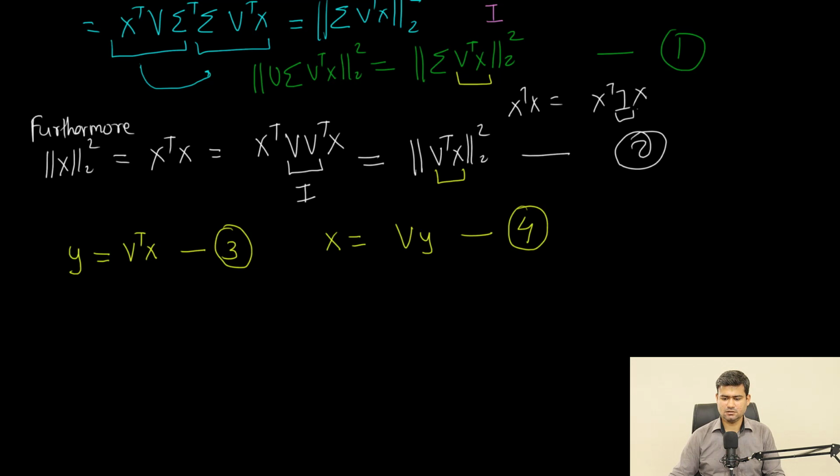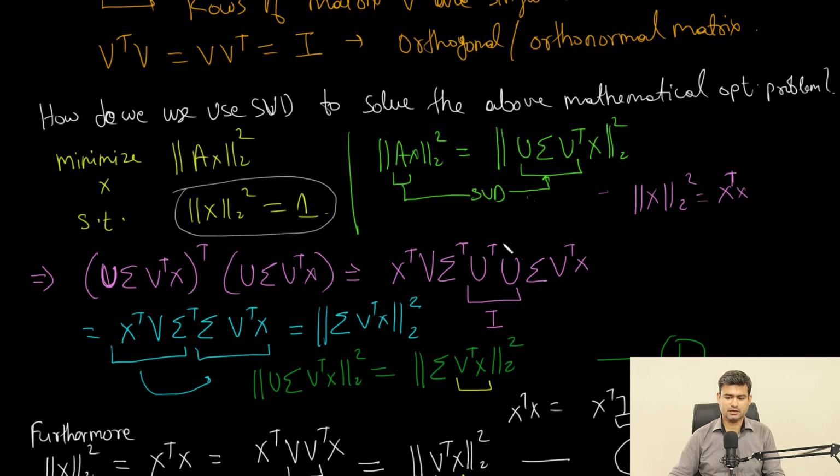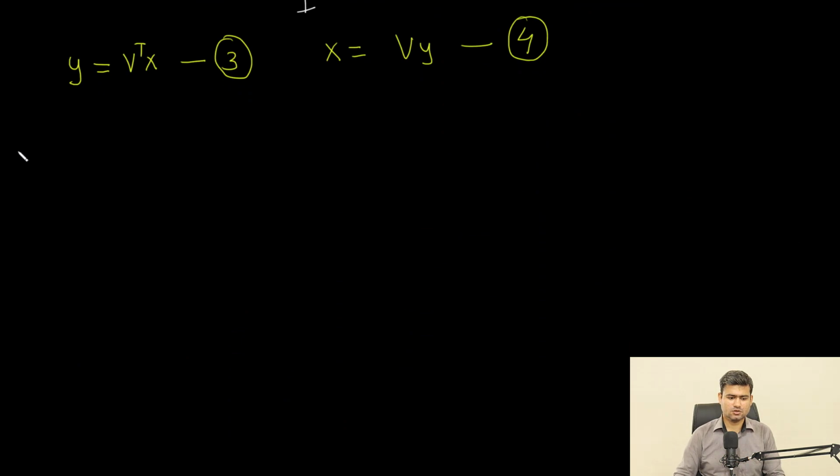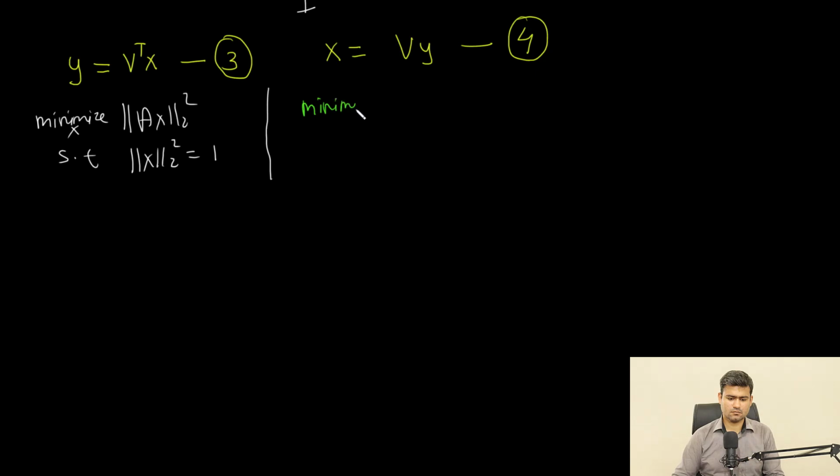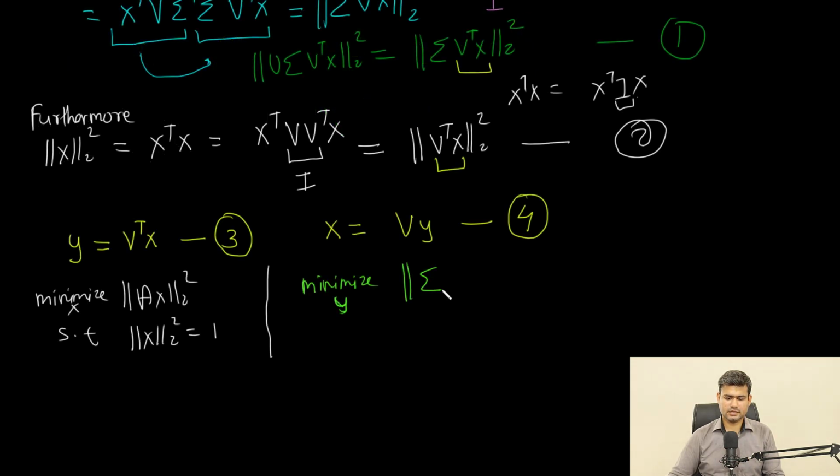Thus we can write the equivalent optimization problem. The original problem is minimize with respect to x the norm of Ax squared, subject to the constraint that the norm of x squared is equal to 1, which is equivalent to minimizing with respect to y the norm of sigma y squared.